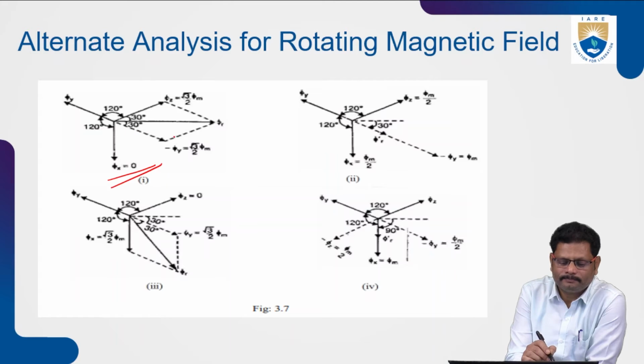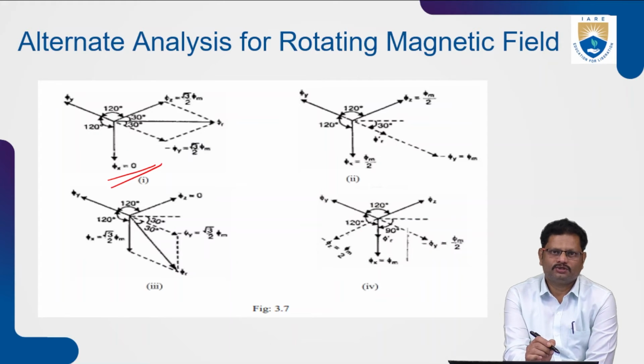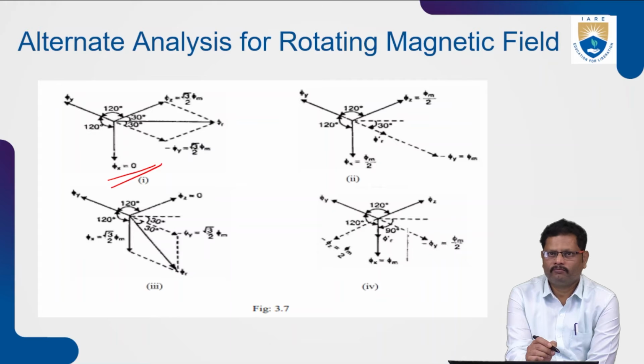So the resultant is again this value. The phase difference between phi x and phi r is 30 degrees, and similarly the difference between phi x and minus phi y is again 30 degrees. But it is equally displaced from each phase: the displacement is 120, 120, 120.